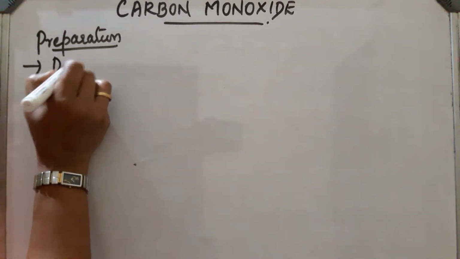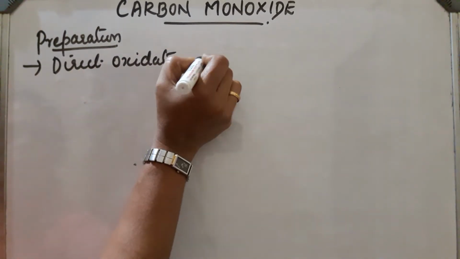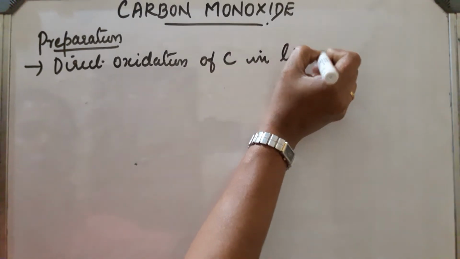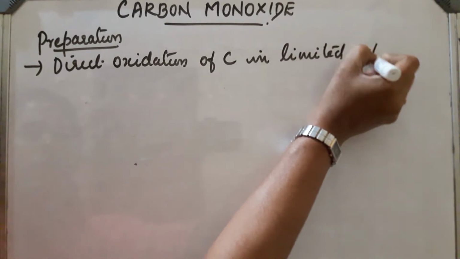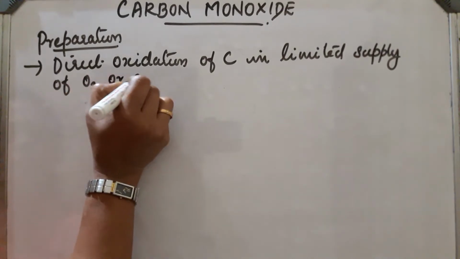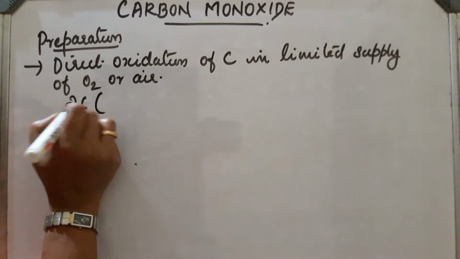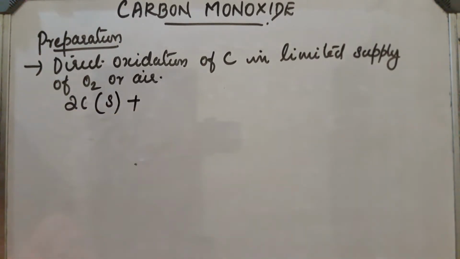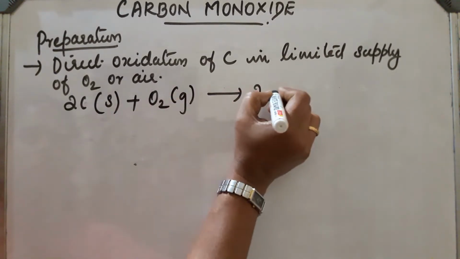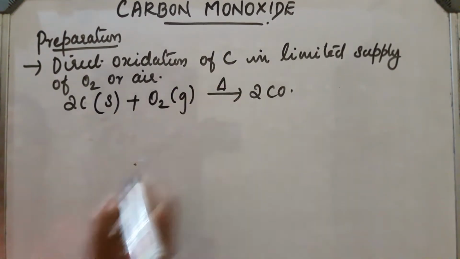The reaction will be as follows: 2C plus O2 gas gives 2CO, carbon monoxide.